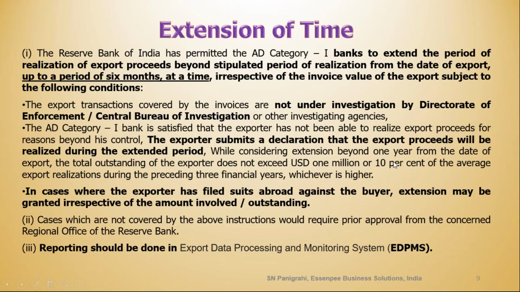So there is an amount limit also. They cannot extend just anything, but there is a limit based on the credentials of the exporter. Generally they take 10% of the average of the last 3 years of the exporter's exports. Okay, so that is how these conditions are.